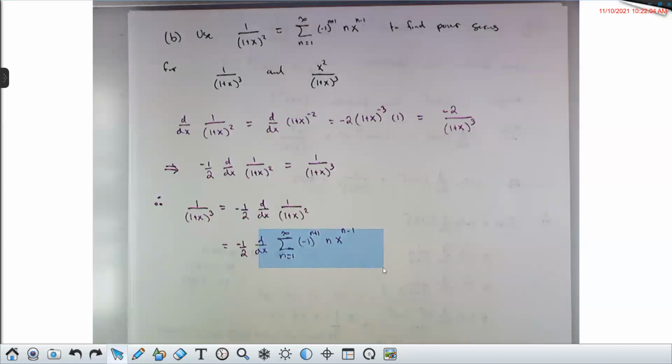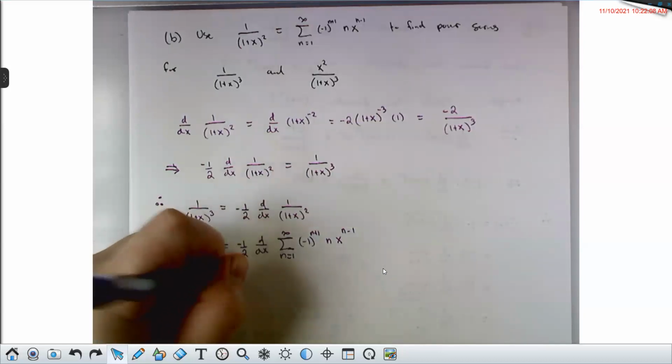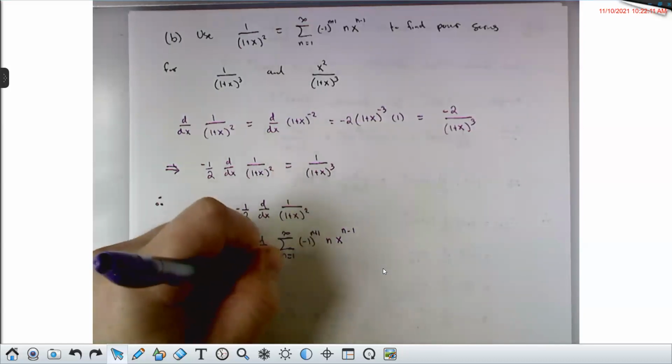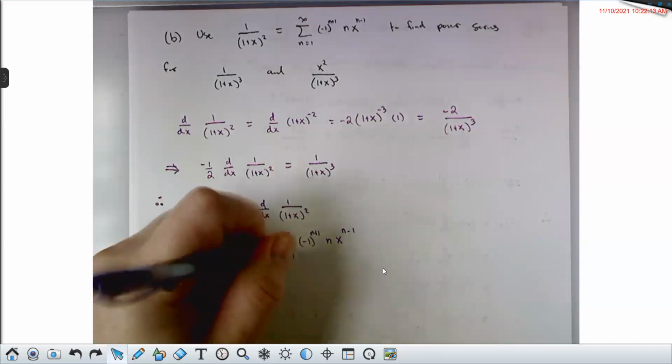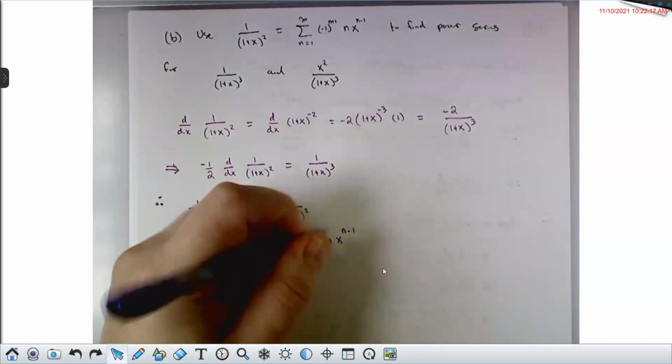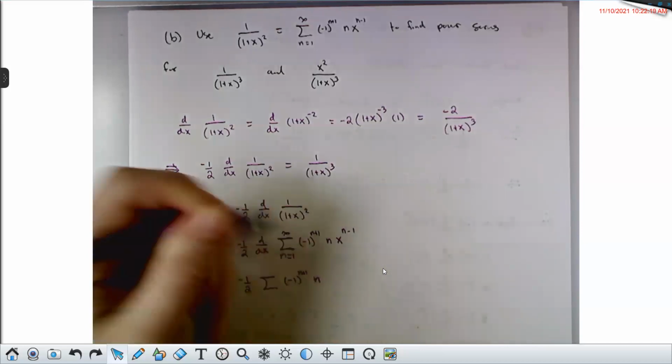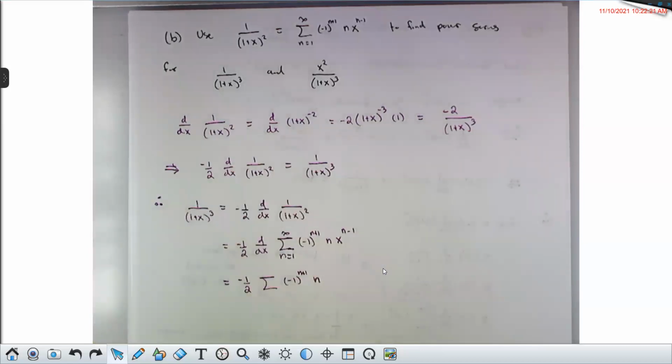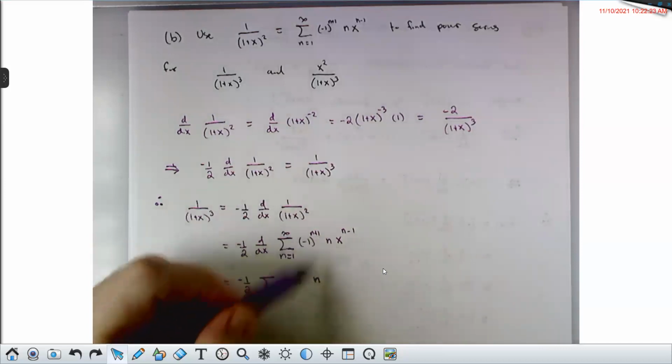So now I will differentiate this series. I get negative 1/2 sigma. I'm going to leave the bounds off for now. Negative 1 to the n plus 1. I'm differentiating with respect to x, so the n stuff is all constant, doesn't change.